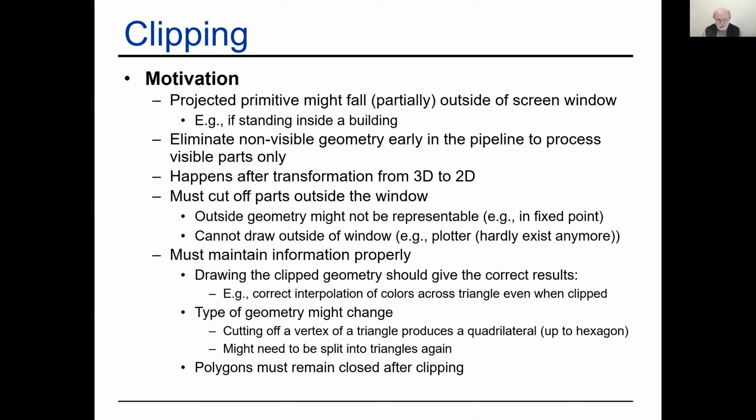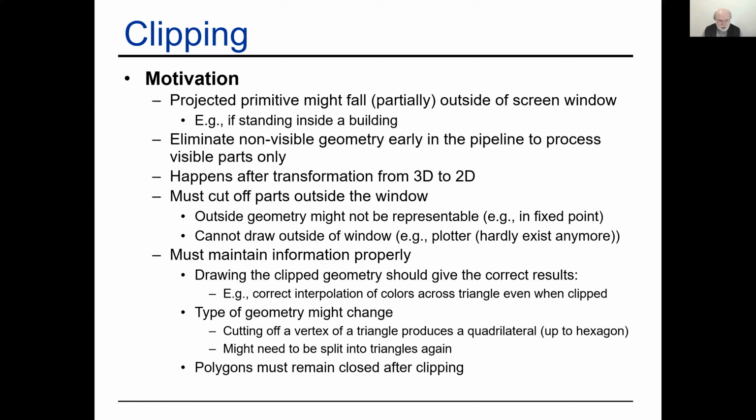So typically we use a fixed point integer representation to represent objects, and as you saw with the camera projection, geometry can fall outside. It can be infinitely far away from the origin. So we wouldn't be able to represent the geometry, and if we can't represent the geometry, then obviously we cannot render it at all.